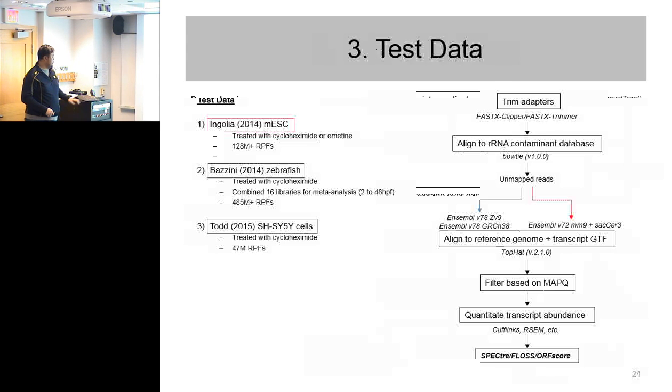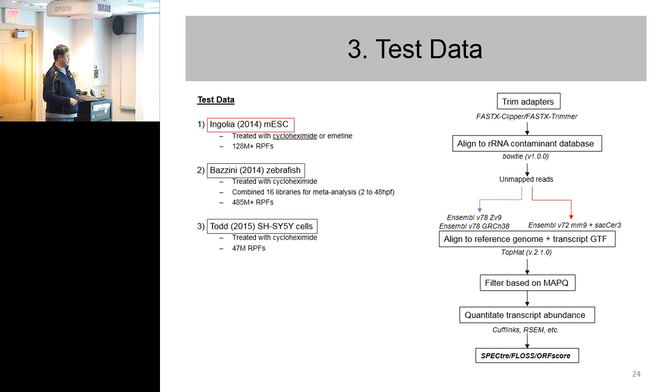So a quick word about the data itself. I used the data that was used for the Floss publication, which were mouse embryonic stem cells treated with cyclohexamide or emetine. Since the rest of these were treated with cyclohexamide, I used only the cyclohexamide library.